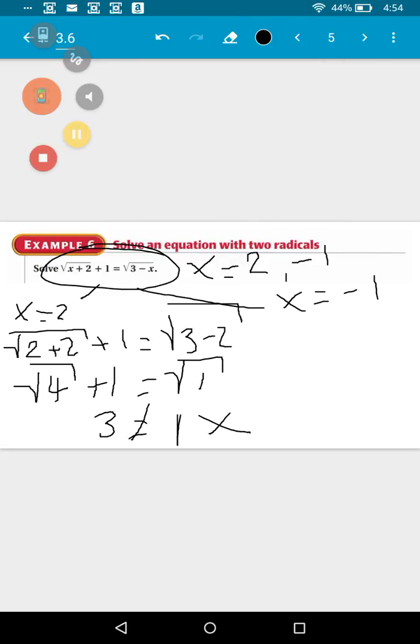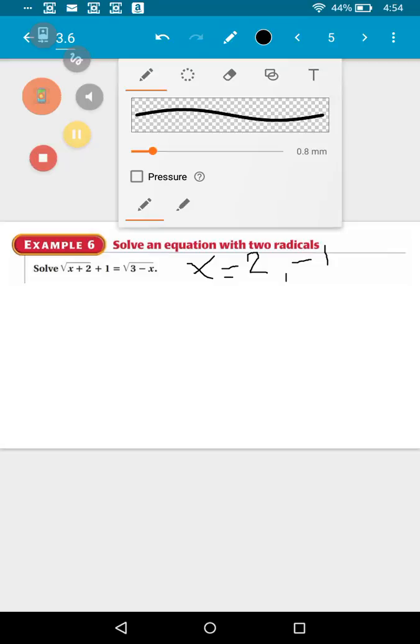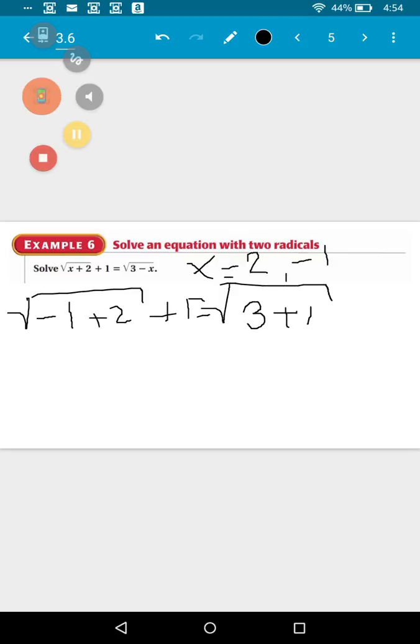Let's check if negative 1 is a solution. You might have a problem where neither of the answers that we get is actually a solution. Negative x plus 2 plus 1 equals 3 plus 1 in the substitution. I hope you guys know how I got 3 plus 1, okay?